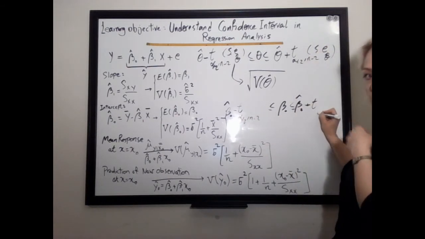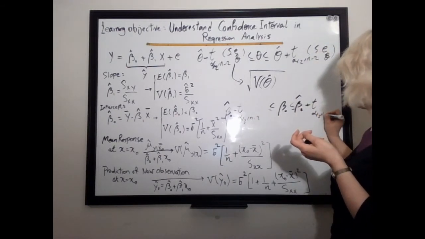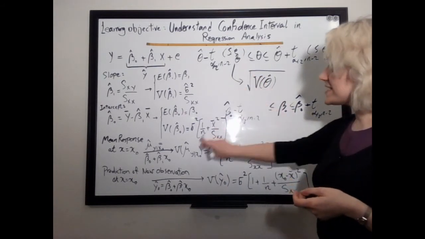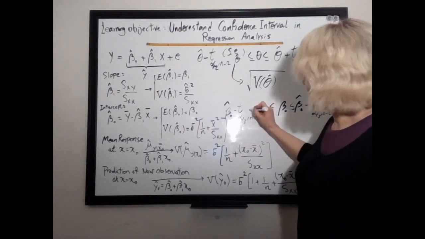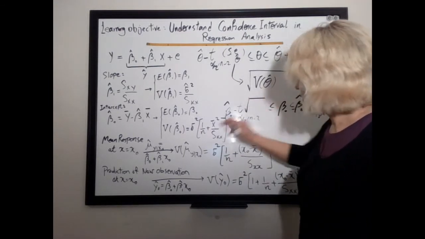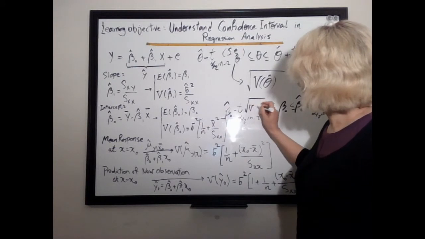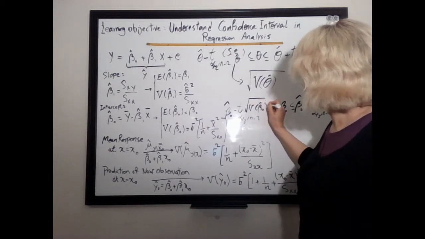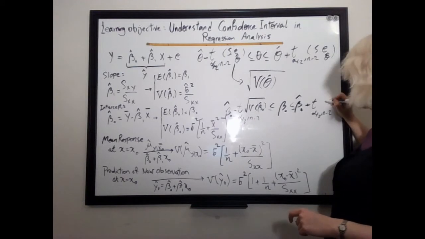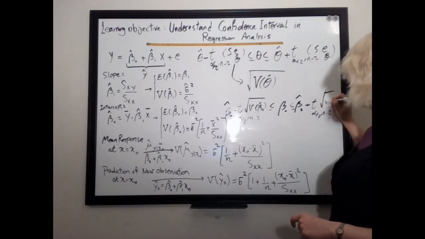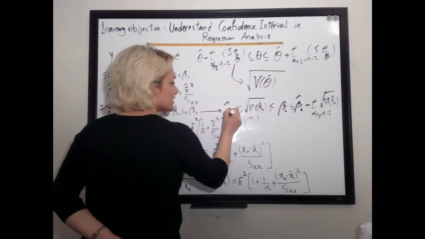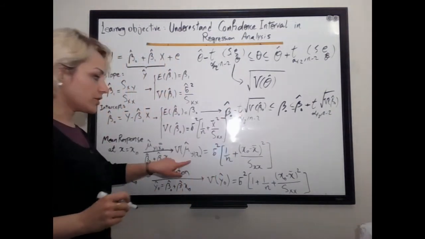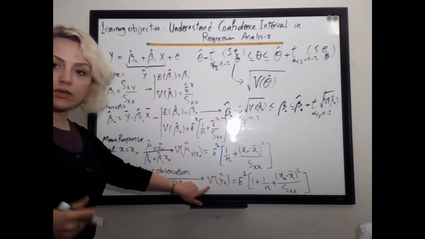And here t, again, half of the alpha, n minus 2. For a standard error, I'm going to get the square root of this. So I will write down here the square root of this variance of the beta null estimate. And the same thing is going to happen here. So I'm going to have the square root of the variance of the beta null estimate.